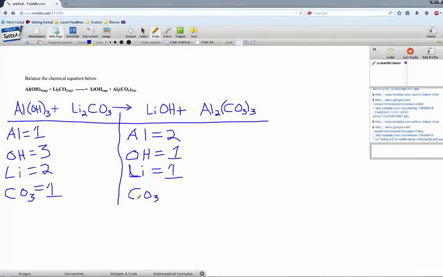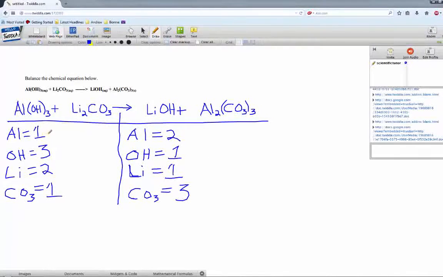CO3 on this side will be 1 times 1 times 3. So there's 3 total here. It's not 1 times 3 times 3. It's 1 times this one whole group times the 3 outside.